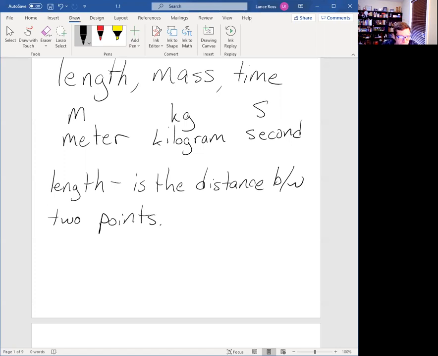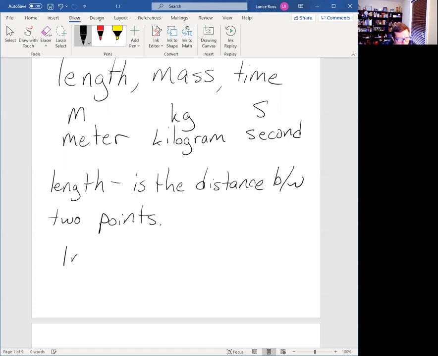All right, the meter was initially some fraction of the distance from the equator to the North Pole through Paris. It's more recently been defined as a fraction of the speed of light in a vacuum.